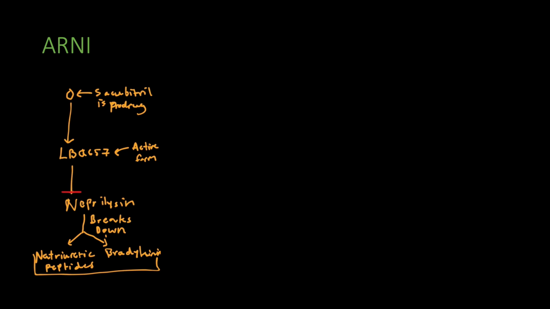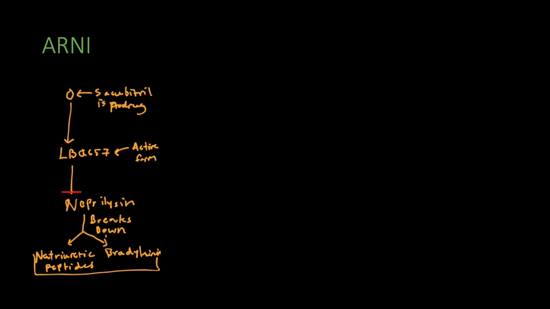LBQ657, and then it's going to block neprilysin, an enzyme that breaks down the natriuretic peptides and the bradykinin, which are the main components in causing vasodilation.